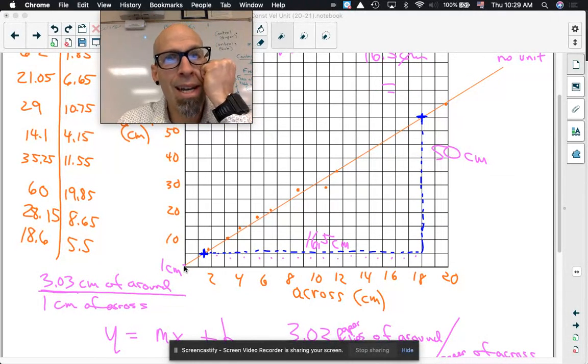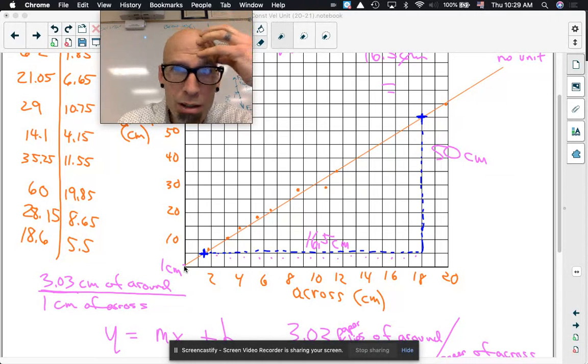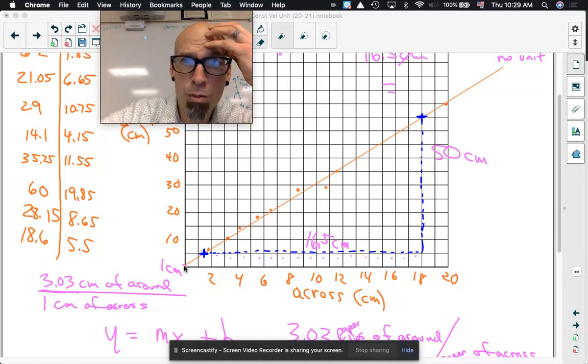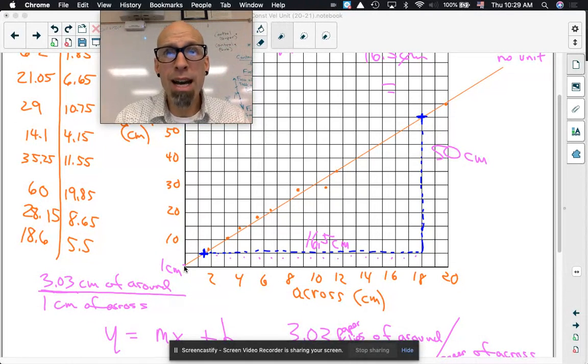Okay. Now, our y-intercept isn't always going to be 0, but in this case, it probably should be. Like in the case of the height of the kid, as that child was getting older, the height was changing.